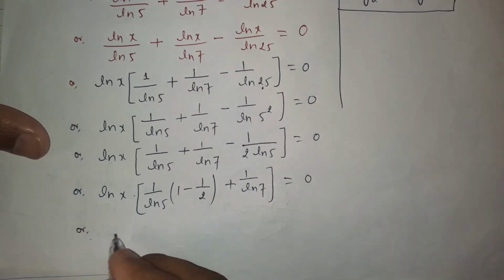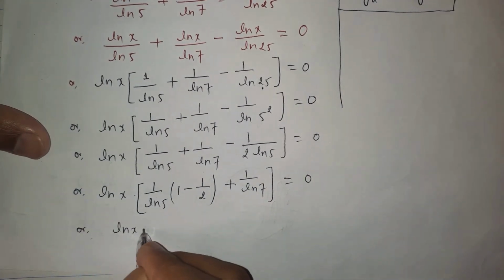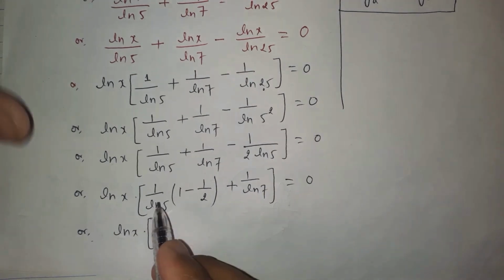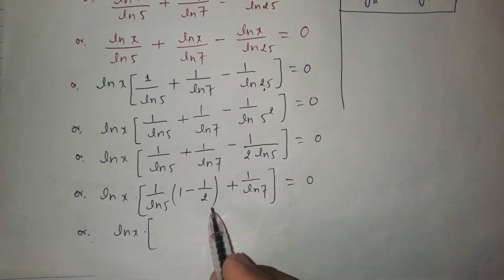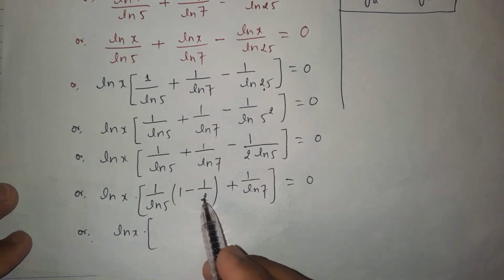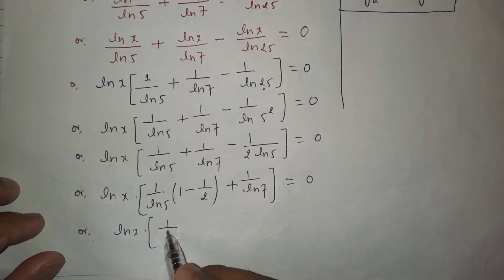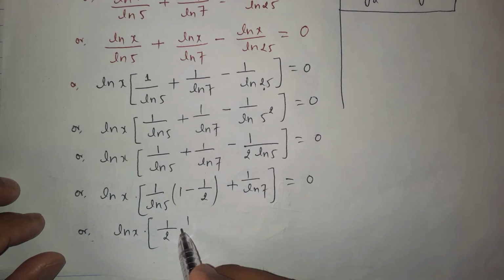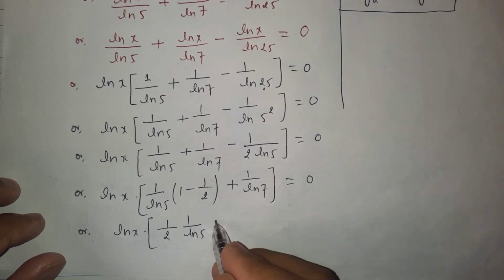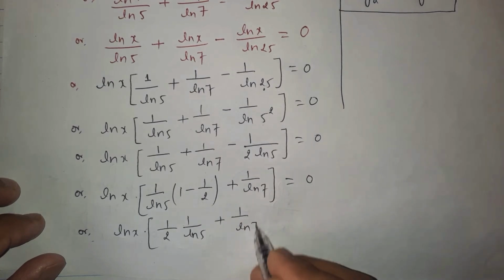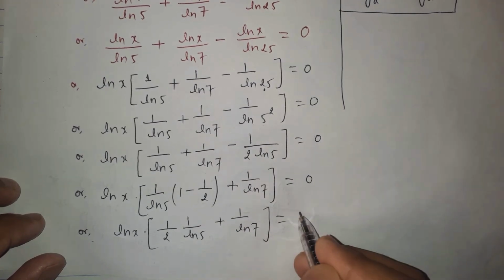This can be further simplified as ln of x times the number inside this square bracket: 1 minus 1 by 2 gives half of 1 over ln 5 plus 1 over ln of 7 is equal to 0.